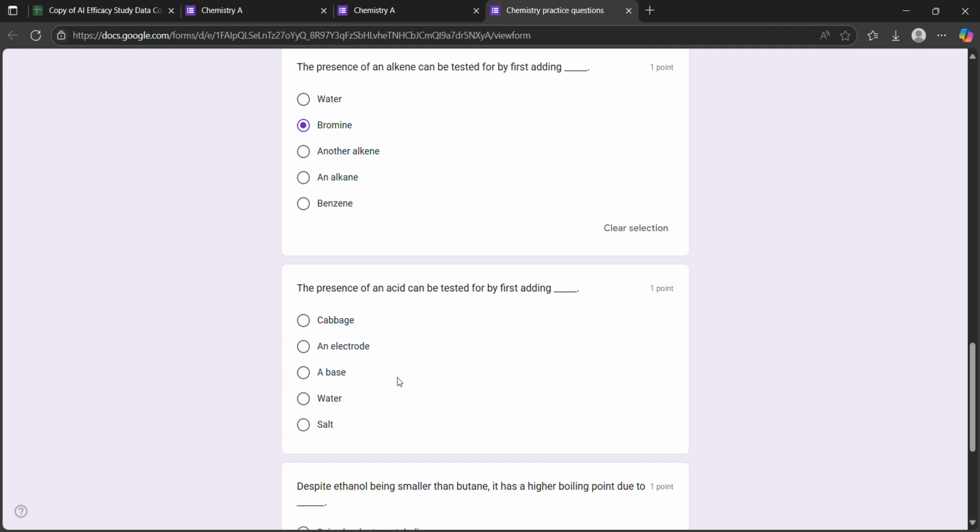A base will neutralize the acid. Water will basically dilute the acid. And salt, I have no idea what it will do.